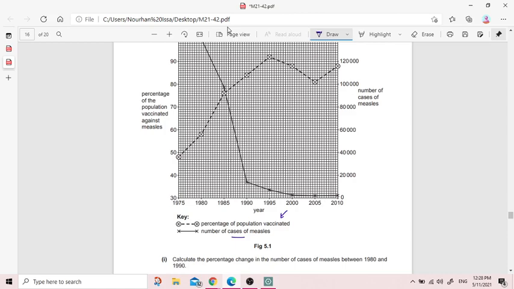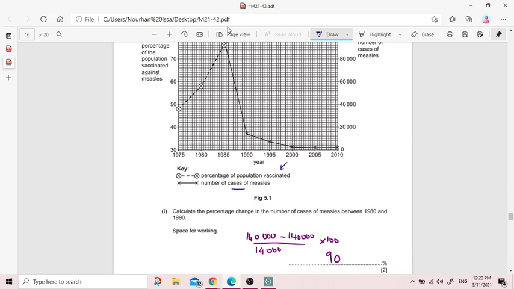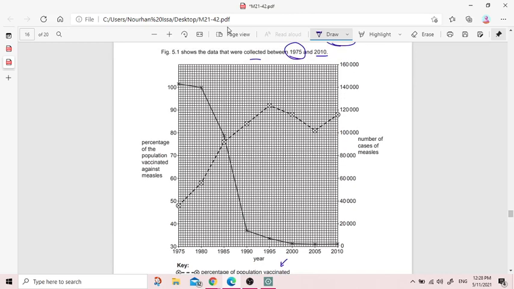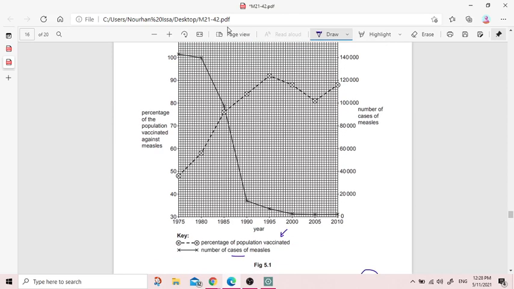Calculate the percentage change in the number of cases between 1980 and 1990. I want the number of cases, so I'm looking at the solid line. For 1980, you will go up with your ruler until the solid line and determine this point.